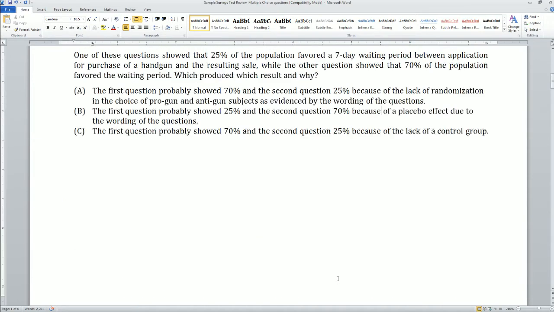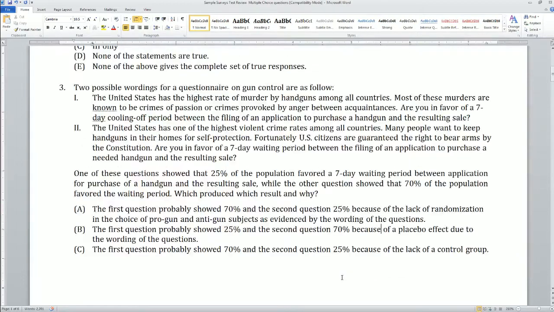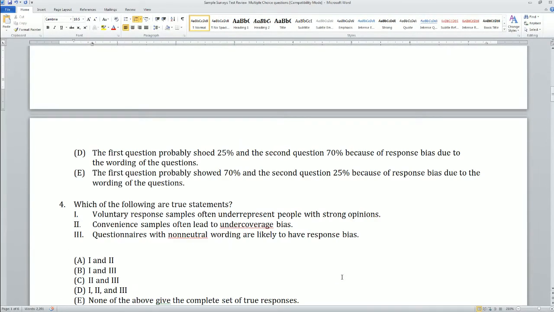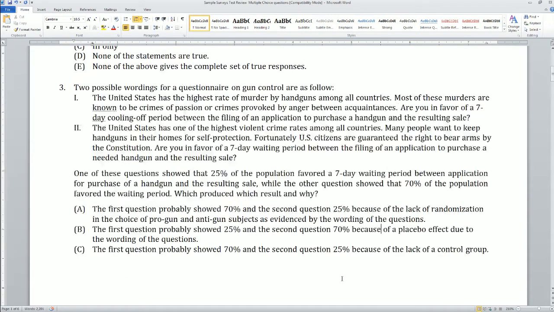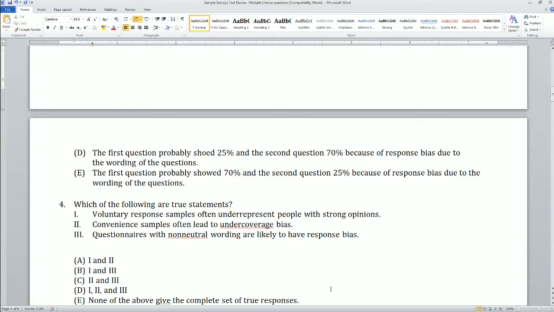So go back to the question and see which one do you think will contain more of a bias. Which one do you think people are going to be more in favor of based on the wording? It would be more in favor for number two.